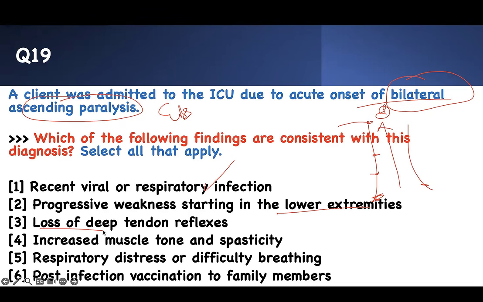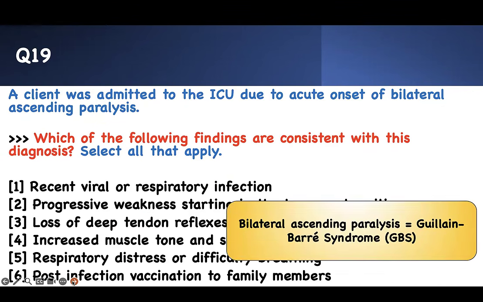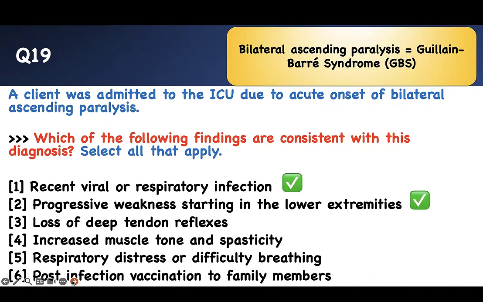Test-taking strategy, common sense: if you have loss of reflexes, your muscle tone is not going to increase. It's going to be flaccid. Of course, your airway is going to get affected because it's a muscle. And you don't need vaccination for the family. This is the way to approach it. And that's the content I want you to know about Guillain-Barré syndrome.